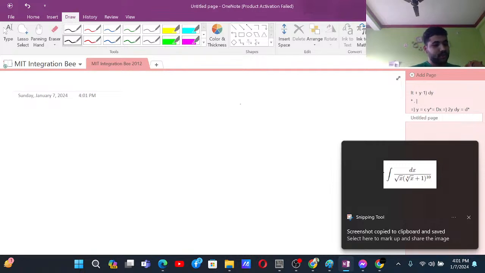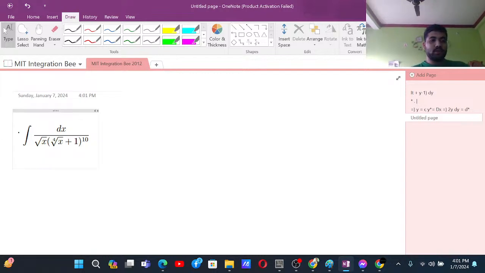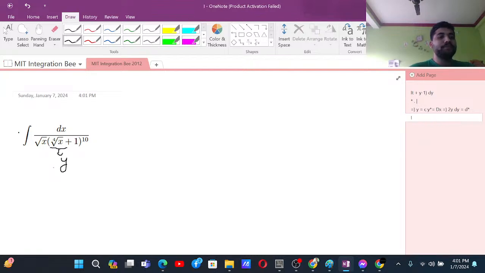Okay, so now for this problem. This problem is also about substitution. Basically, in this problem we have dx by root x multiplied by root 4 of x plus 1 to the power 10. Now just to make it simple, we can let y equal to x to the power 1 by 4.